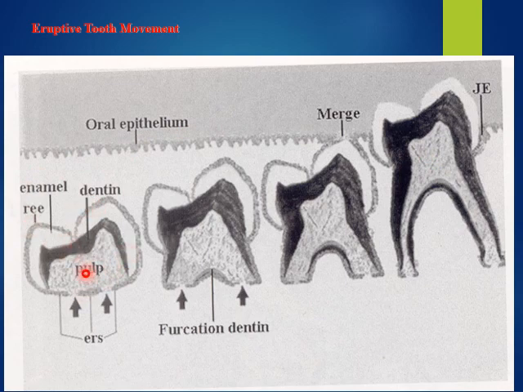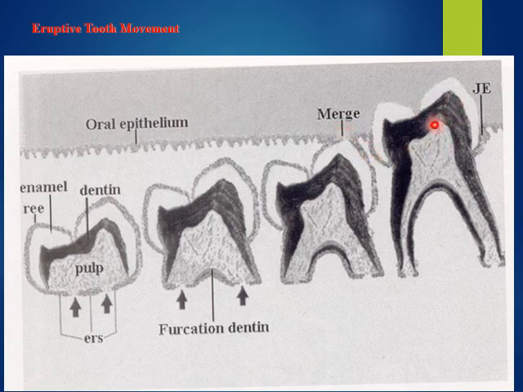This is the first, the beginning of root formation by presence of the epithelial diaphragm or epithelial root sheath here. And this is the beginning of the movement after root formation to have space here for root formation. Third event is the emergence, the merging of the reduced enamel epithelium which covers the enamel crown, fusing with the oral epithelium here, and the beginning of the cusp tip to emerge inside the oral cavity.